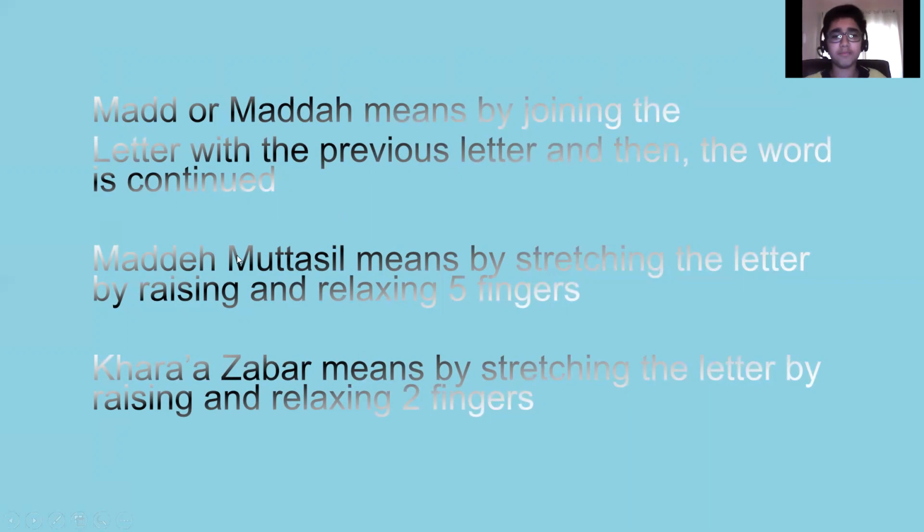Madde Mutasil. As I told you, Madde Mutasil is a little crescent facing upwards and a little line beneath it. Madde Mutasil means by stretching the letter by raising and relaxing 5 fingers like this. For an example, Jaa.